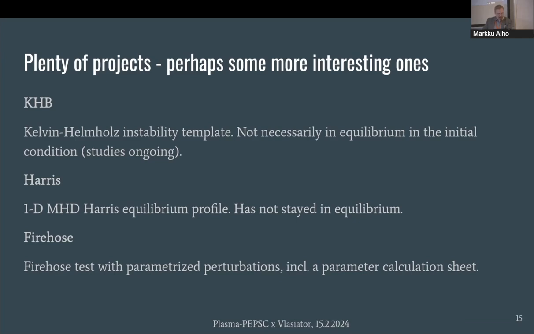Harris profile that we have, that one. This is a 1D MHD Harris type of a profile. It has not stayed in equilibrium. We have kinetic physics, so that's probably one part of it. And we had a 2D setup of this, but that had some weird issues, and that was scrapped.